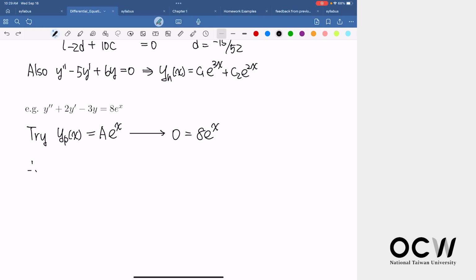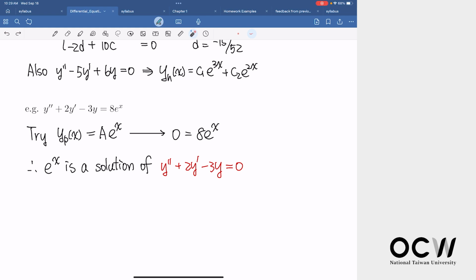And e to the x is already a solution of the homogeneous equation. So this is a solution of y double prime plus 2y prime minus 3y equals 0. So no wonder that you cannot guess e to the x again, because this e to the x is in the homogeneous solution.